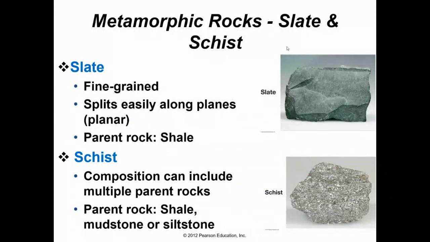And then lastly, let's look at some of the individual rocks. So slate, like I said, is made from shale. It's planar, like shale is, and very fine-grained. Schist is kind of an oddball, often containing a mineral that's kind of sparkly, but basically when you add heat and pressure to slate, you'll often get schist.